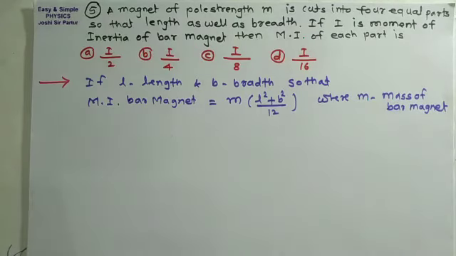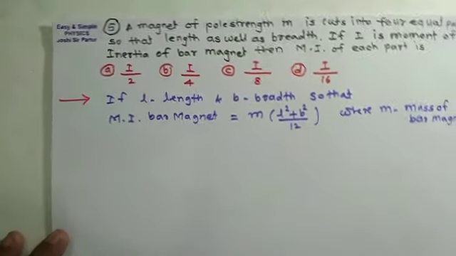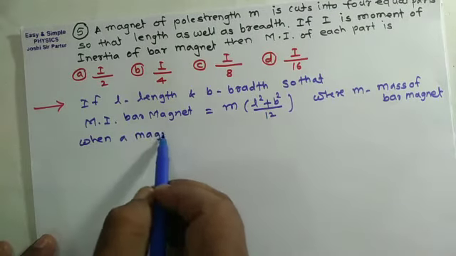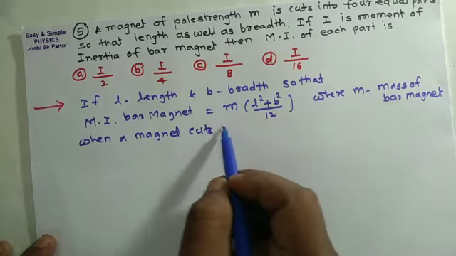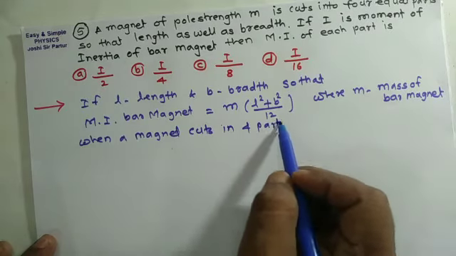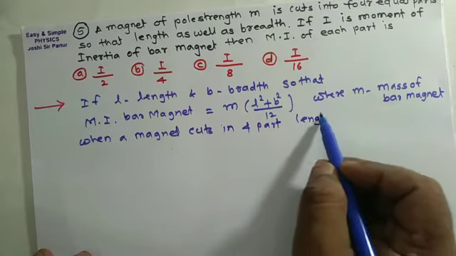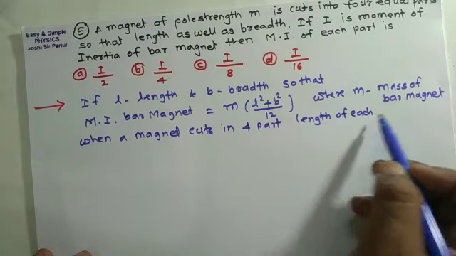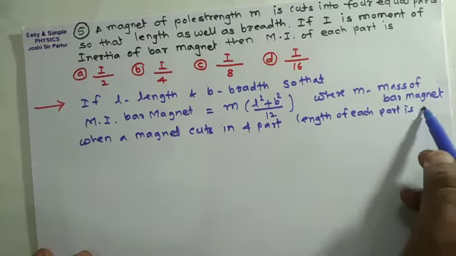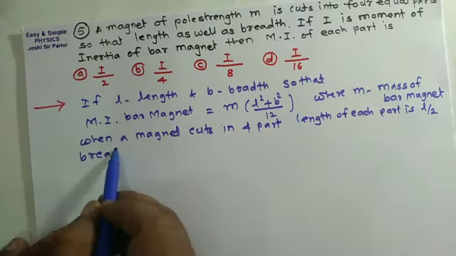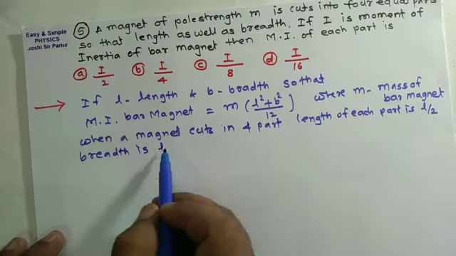Okay, see here, when a magnet is cut into 4 equal parts, then the length of each part is L upon 2 and breadth is also B upon 2.